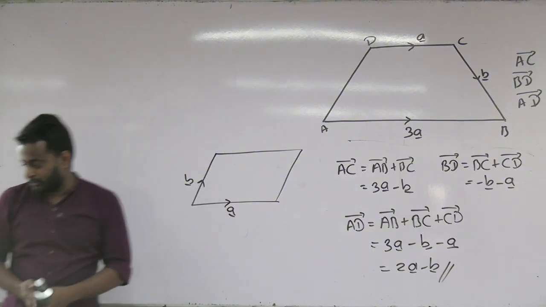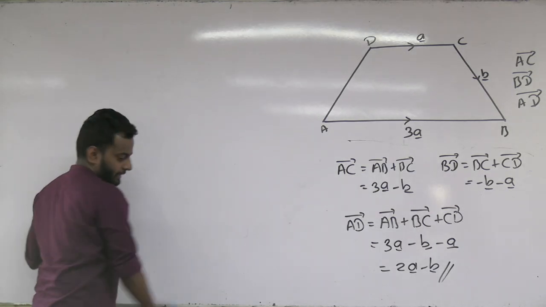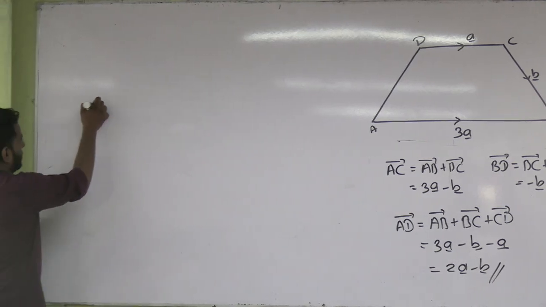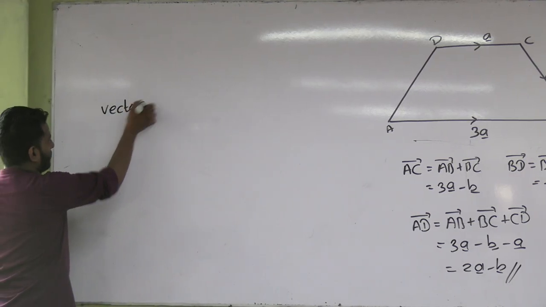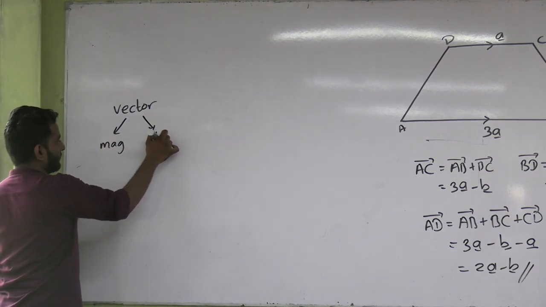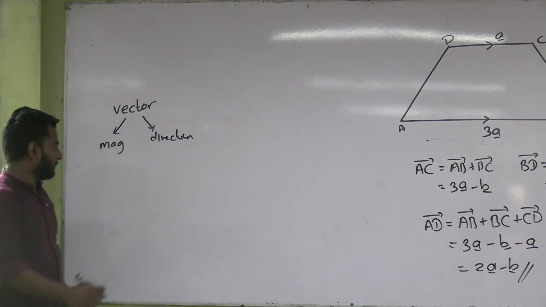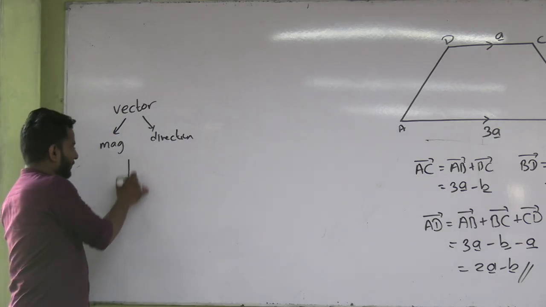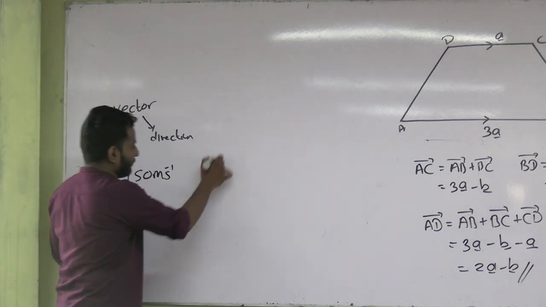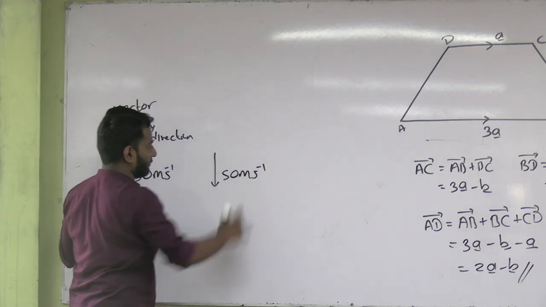Okay, so to do that, we have to study about equal vectors. We'll start from here. In the start we said vectors have two properties: one is the magnitude and the other is the direction. Now, for example, a man is moving towards north with a velocity of 50 meters per second, and a man is moving towards south with a magnitude of 50 meters per second.